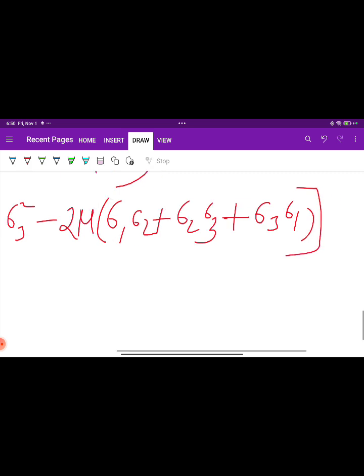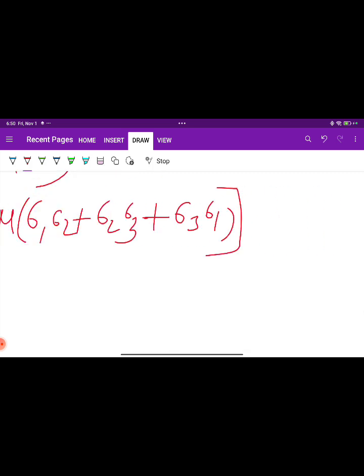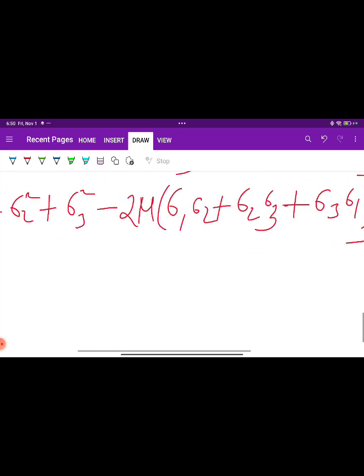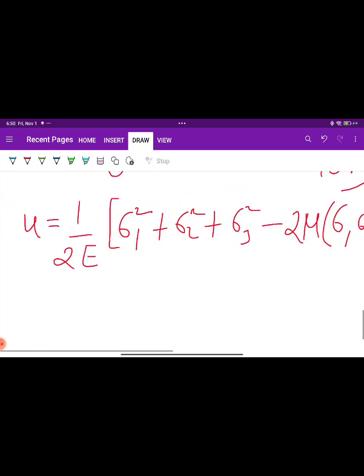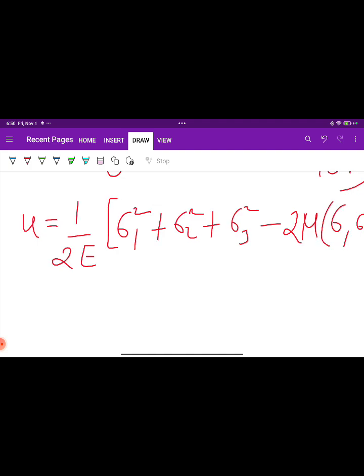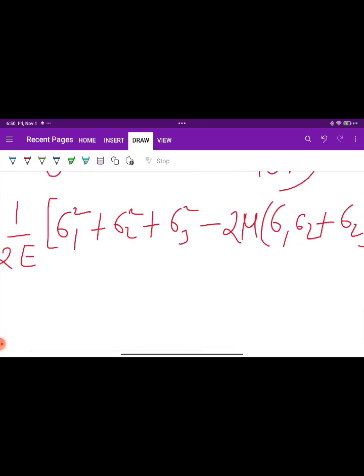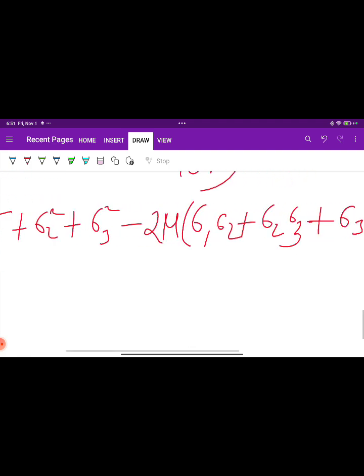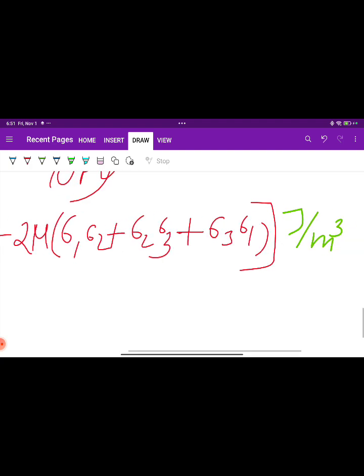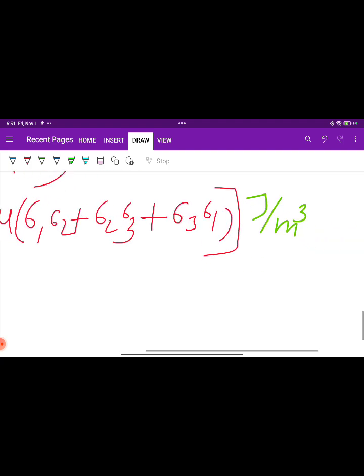and its unit, you need to remember the unit again, is joule per meter cube. So this is the basic formula of the criteria of failure, the strain energy per unit volume. Here sigma 1, sigma 2, sigma 3 are the normal stresses on surfaces 1, 2, 3, and mu is the coefficient, a constant of proportionality, multiplying sigma 1 sigma 2, sigma 2 sigma 3, and sigma 3 sigma 1.